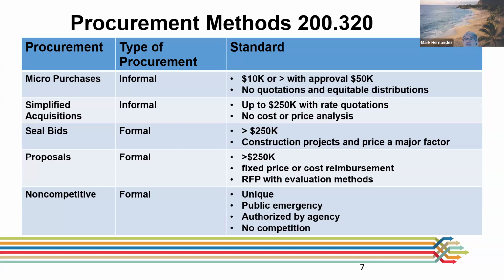And then finally, the non-competitive. Typically, you'll see this more in counties, state agencies, other things like that, where it's unique in that situation. Most of the time, it could also be public emergencies.